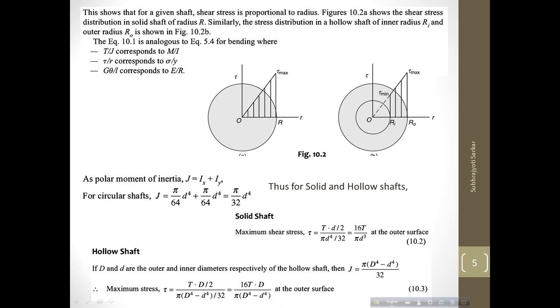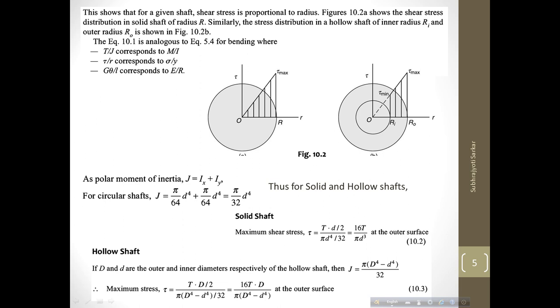Now if you compare this equation with the bending equation, your torsion equation is T by J equals tau by R equals G theta by L. If you compare with the bending equation, you see a similarity, that is M by I equals sigma by Y equals E by R. So there the bending moment M, here the twisting moment T. Rectangular moment of inertia I, polar moment of inertia J. Similarly, normal stress or direct stress sigma, shear stress tau.